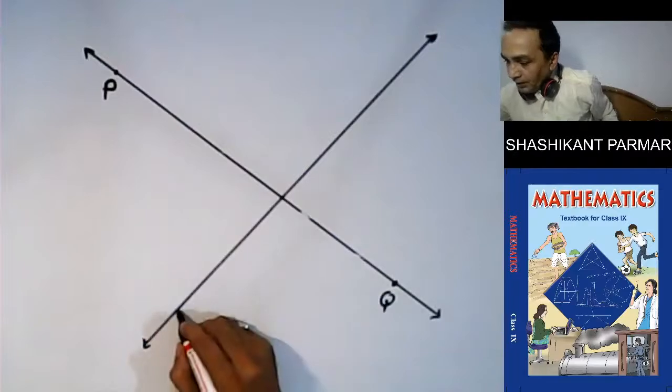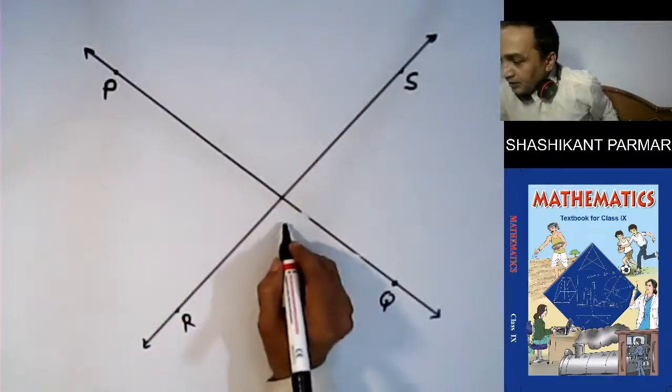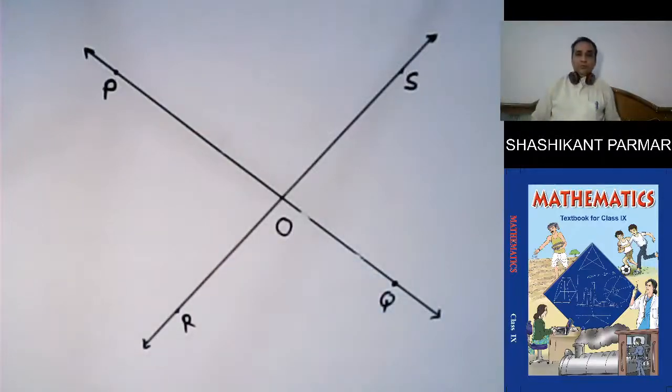PQ and RS intersect each other at the point O.